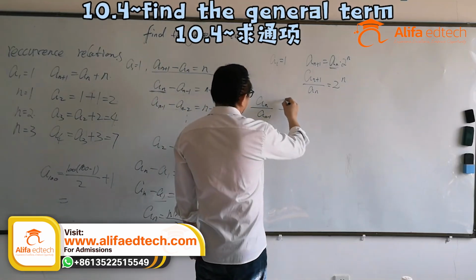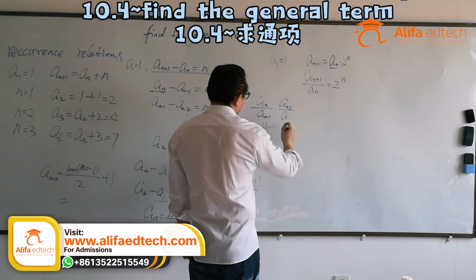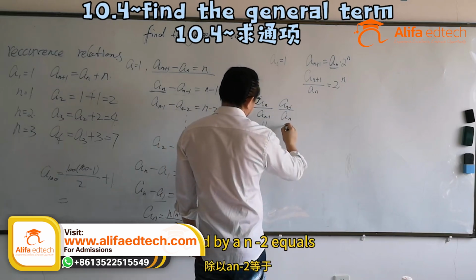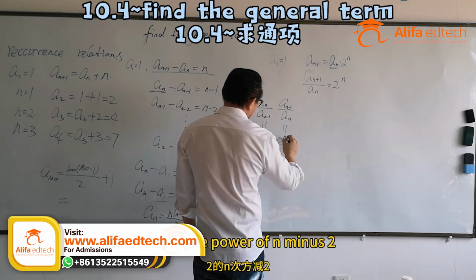And a(n-1) divided by a(n-2) equals 2 to the power of n minus 2.